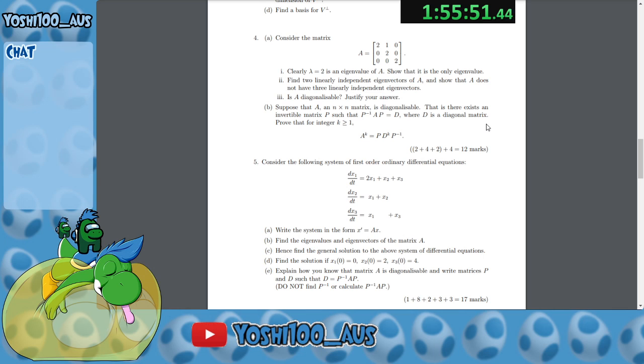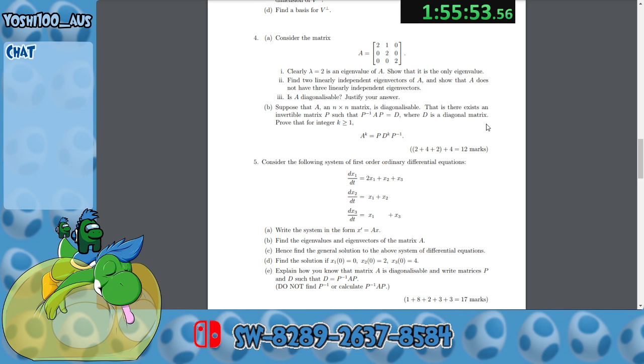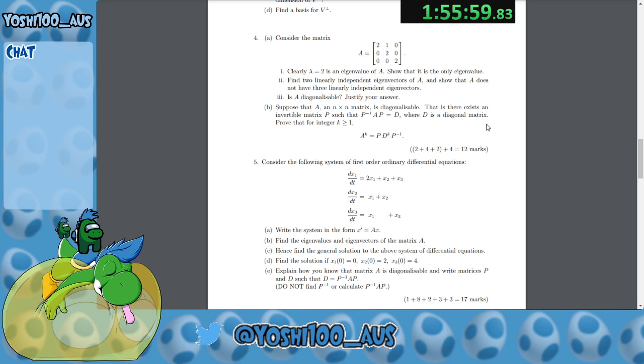Suppose that A, an n by n matrix, is diagonalizable. That is, there exists an invertible matrix P such that P inverse AP equals D, where D is a diagonal matrix. Prove that for integer k greater than or equal to 1, the following holds. The heck? What?